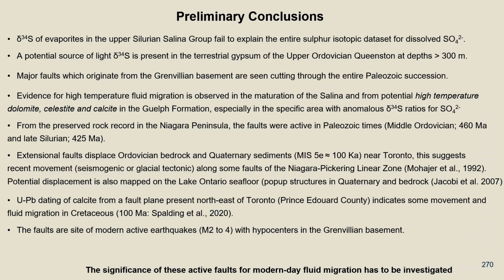So what is the significance of that? We'll see. So this is a summary of the preliminary conclusions. What is important is that we now have good evidence of high temperature fluid migration along faults in Silurian time. We also have regional evidence of such fluid migration in the Ordovician and in the Devonian.